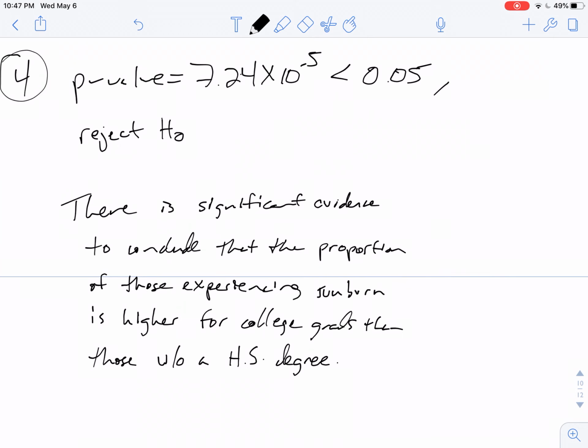All right, so again, there is evidence to conclude that the incidence of sunburn is higher for the college grads than for those without the high school degree.